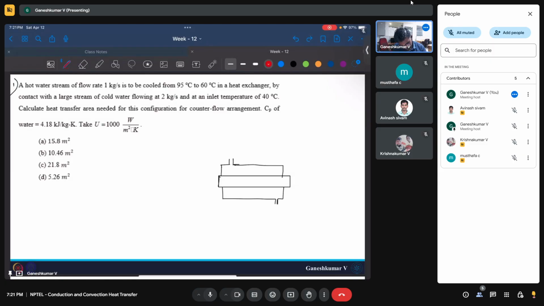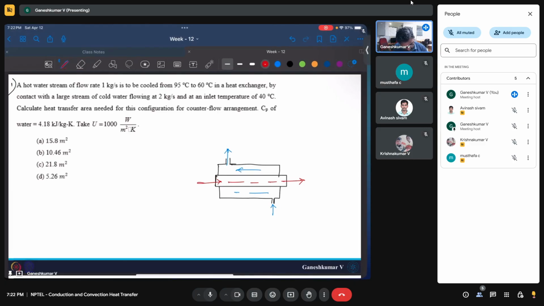I think it's fine. Yeah. So the hot fluid is flowing this side. Let's say it flows along the tube, and the cold fluid enters and leaves this way. So basically it is a counterflow arrangement, right?